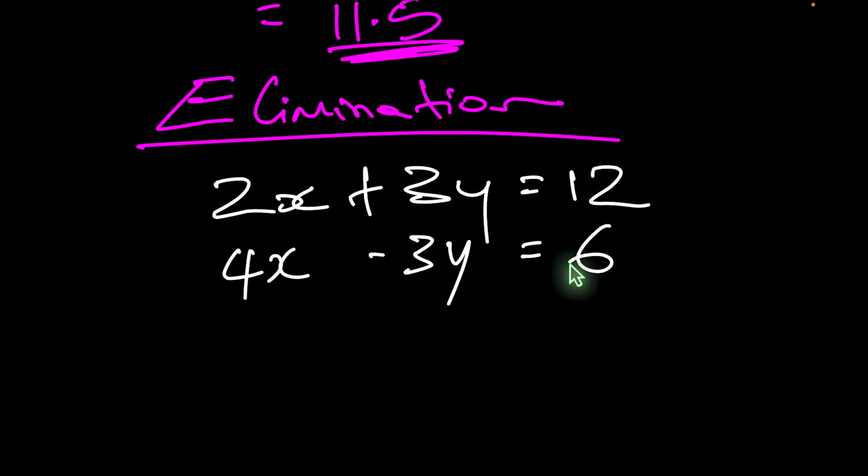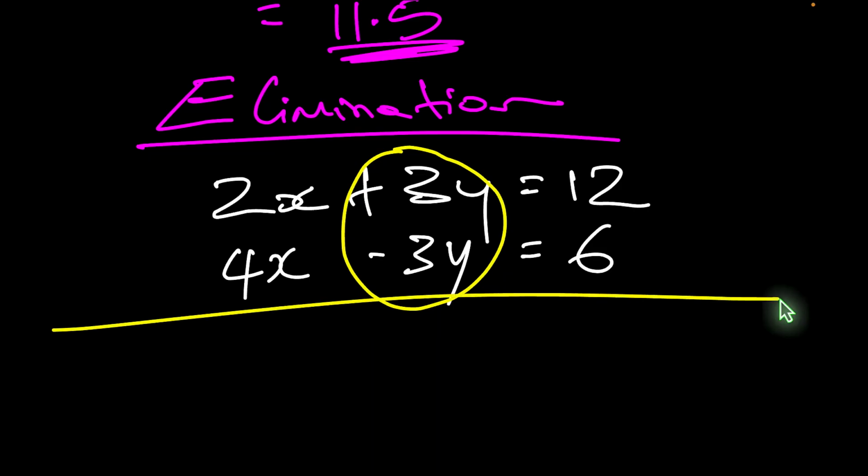And for the elimination method, if we have two terms that are the same but opposite, in this case plus 3y and minus 3y, then to get rid of those two, we will simply add the equations together. We can literally just draw a line here and add these two like that.